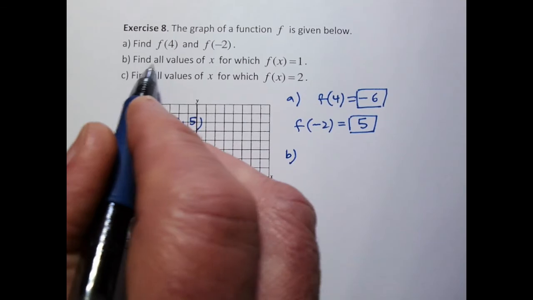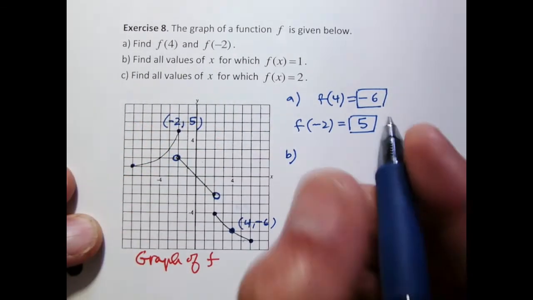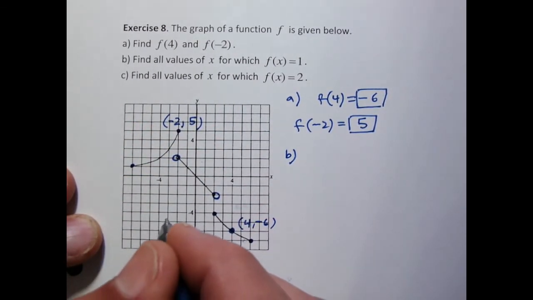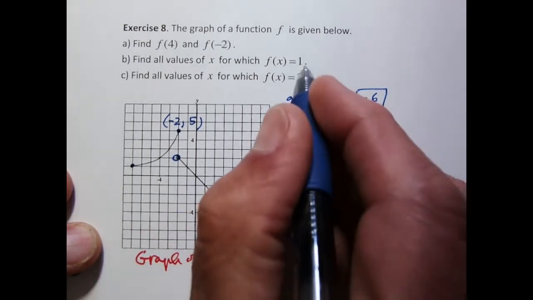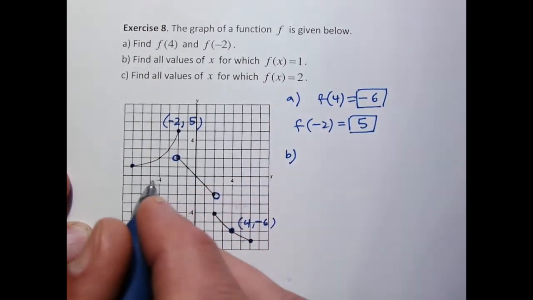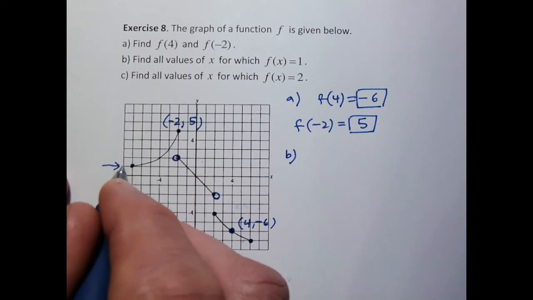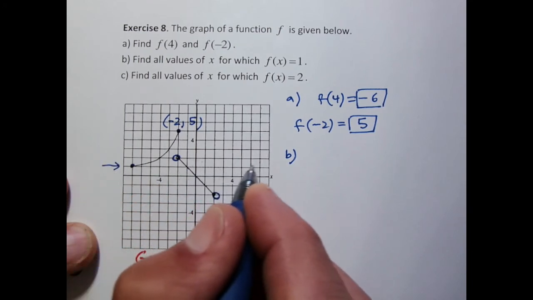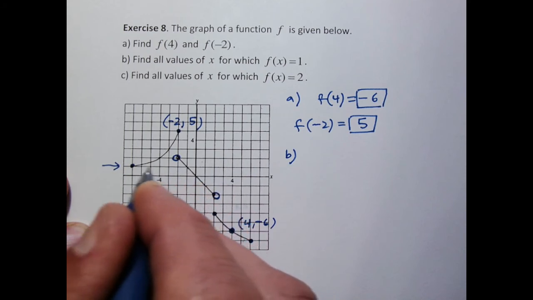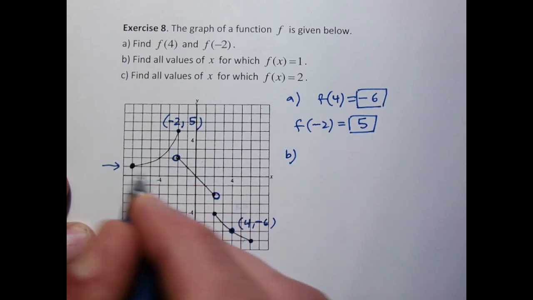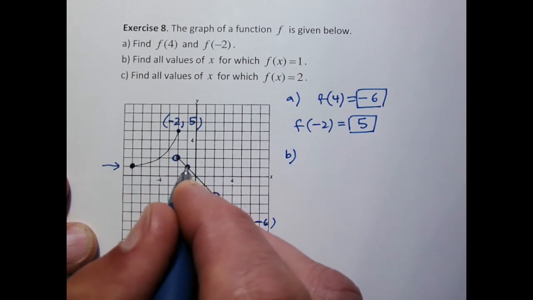Now part B, find all values of x for which f of x is equal to 1. That means y is equal to 1, and we're going back to find the corresponding x values. So here's where y is 1 along this horizontal line. We get 1 point right here, and we get a second point there.